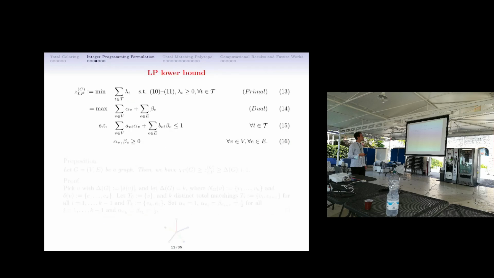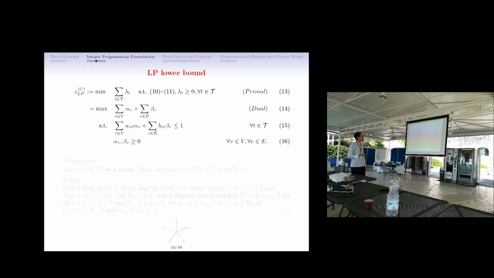A valid lower bound for the set covering model is obtained by writing down the dual of that problem. So the dual is to maximize the total weight on the vertices and the edges of the graph G, such that the sum of the weights of the vertices and the edges in each total matching T is not greater than 1.